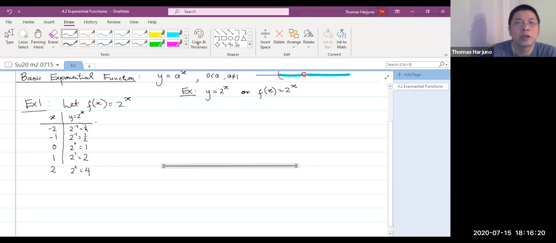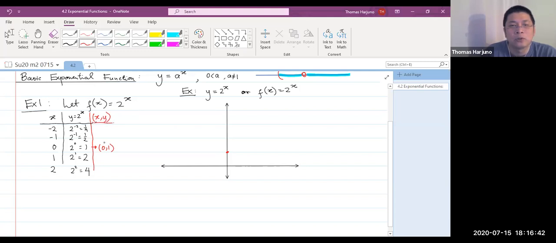Now if we sketch and connect these coordinates, when x equals 0, I get (0, 1), the coordinate x, y. When x equals 1, y is 2. I try to make it as well scaled as possible.